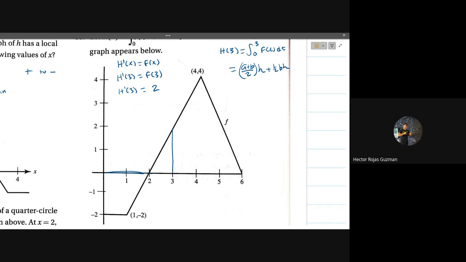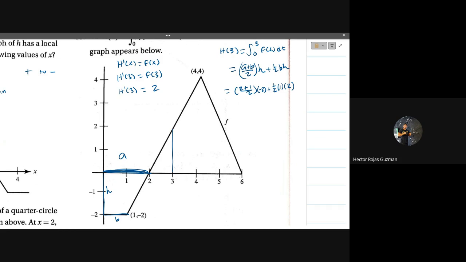I'm going to say this is A, 2 plus 1. So that means b would be down here, and the height is that. And I am going to write it as -2 because the area needs to be negative.